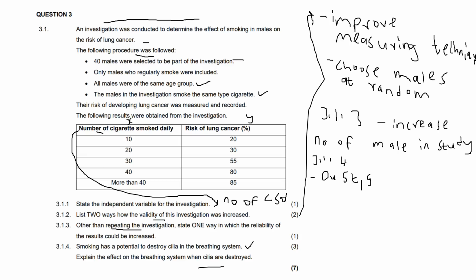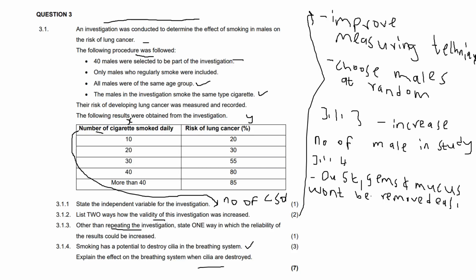Things like dust, germs, and mucus will not be removed easily, because the cilia are damaged. The cilia won't be able to work very well anymore to remove them.